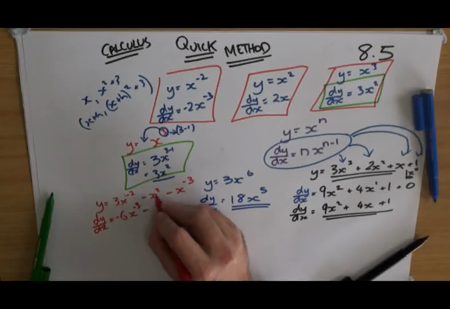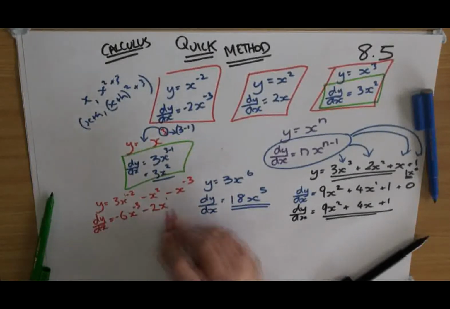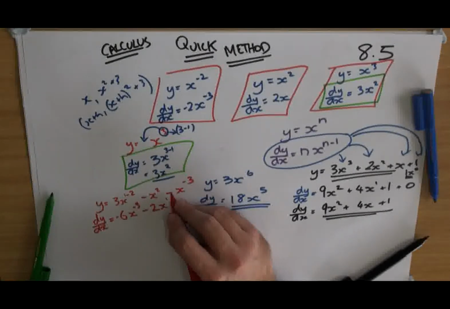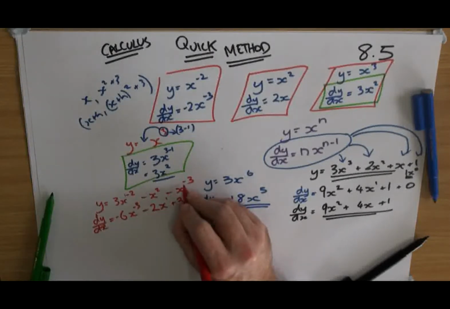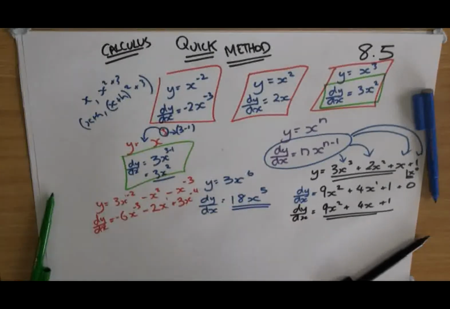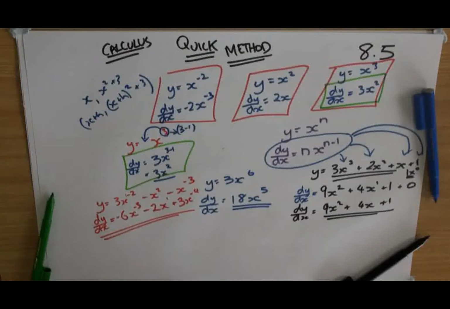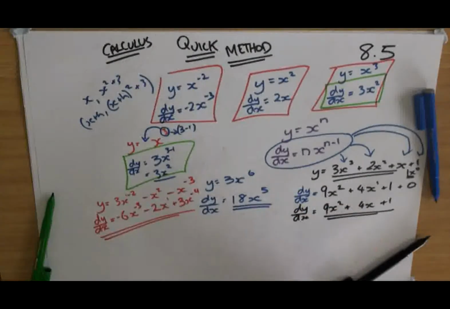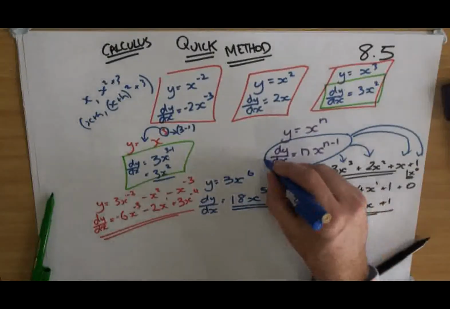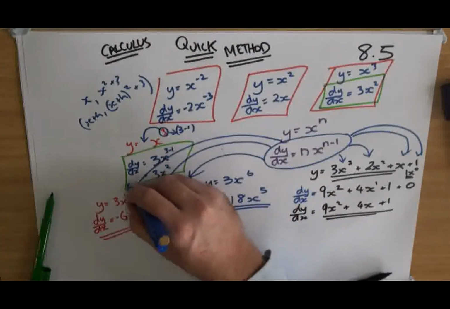Then the negative 2 comes down the front and x minuses 1 to the 1, which is negative 2x. Negative 3 comes to the front and multiplies by the negative, so it becomes plus 3x, and this minuses 1 to the negative 4. So we can take any of these terms, individually apply this rule to them, and derive them.